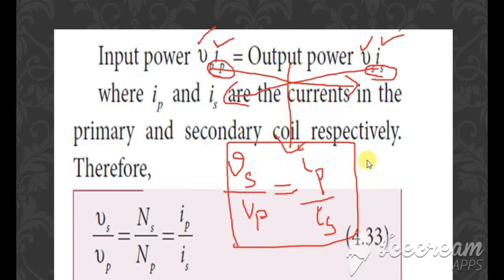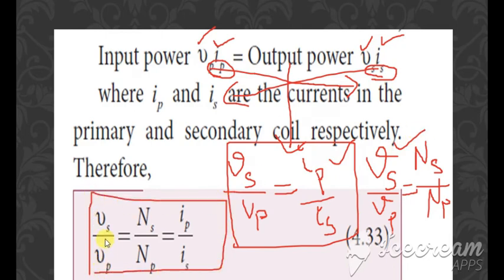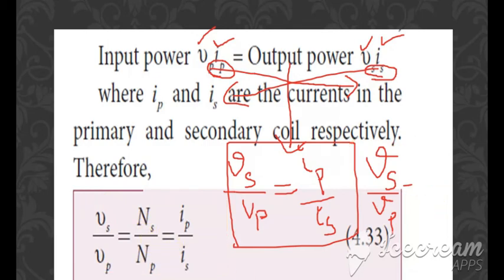Already what equation do we know? Vs divided by Vp is equal to Ns divided by Np. Okay, so this is the equation which you know already. So comparing these two, the generalized equation can be written as Vs by Vp is equal to Ns by Np is equal to Ip divided by Is.